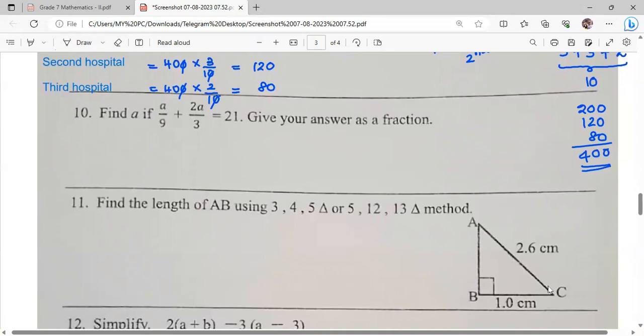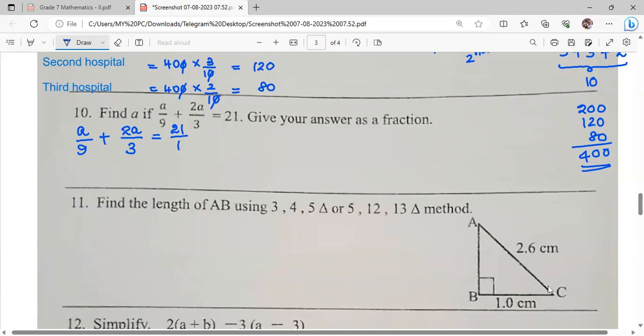You want to find the A value, and this is the equation they have given. Can you remember that we have discussed this kind of question earlier also: A/9, and 2A/3, and the answer I write, children, 21/1. Why did I want to have the whole question in one format?